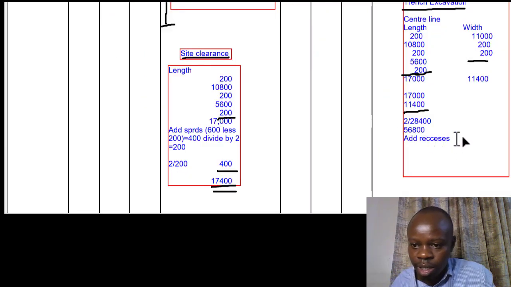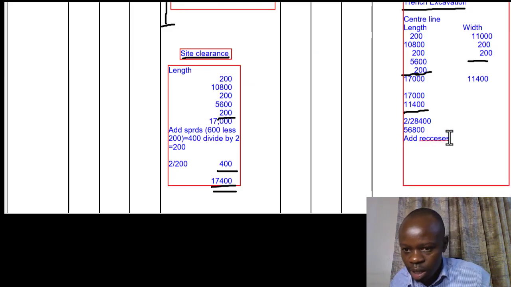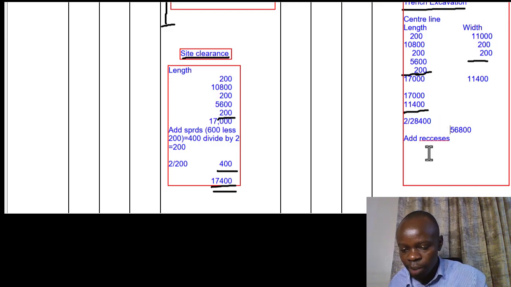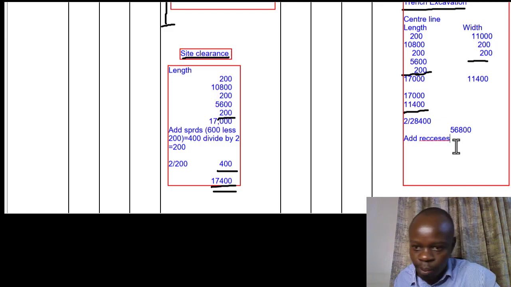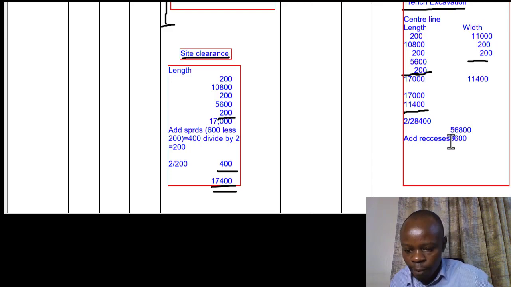So if you add the recesses, both of them, we'll just take the 5600 that we've gotten from multiplying this one by 2, and then the recesses now are supposed to be 3600, and then we multiply by 2, okay, and that is 7200.